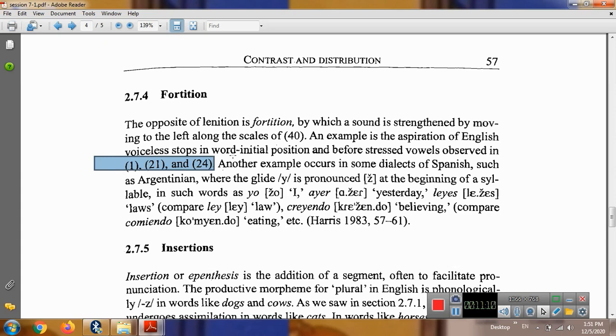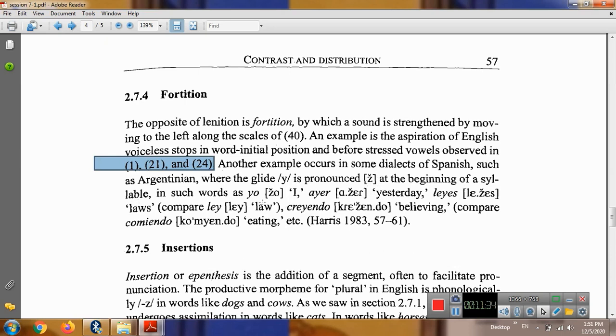Another example occurs in some dialects of Spanish, such as Argentinian, where the glide ye, which is another name for approximant, is pronounced as je, so the glide turns to the fricative. We have fortition at the beginning of the syllable.